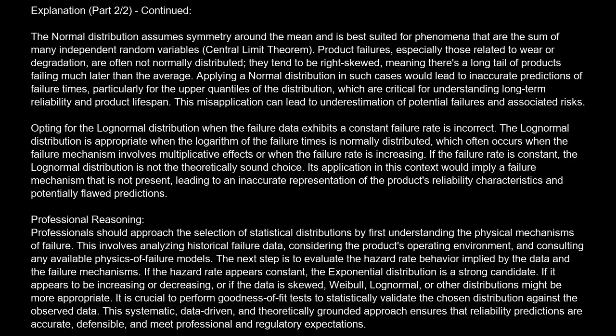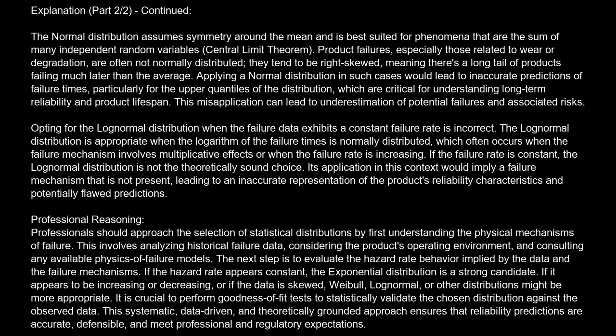Professional reasoning. Professionals should approach the selection of statistical distributions by first understanding the physical mechanisms of failure. This involves analyzing historical failure data, considering the product's operating environment, and consulting any available physics of failure models. The next step is to evaluate the hazard rate behavior implied by the data and the failure mechanisms. If the hazard rate appears constant, the exponential distribution is a strong candidate.